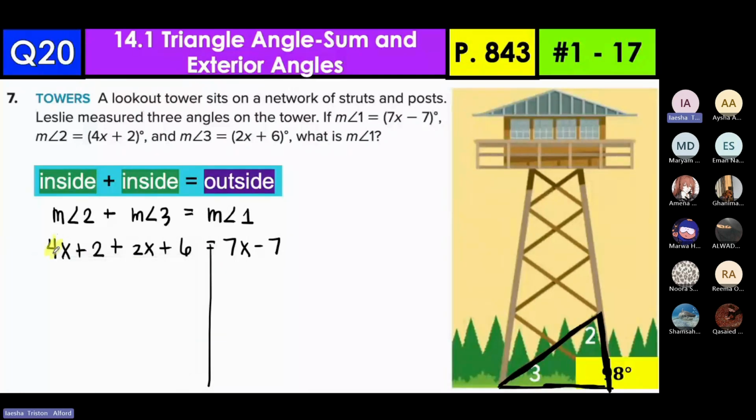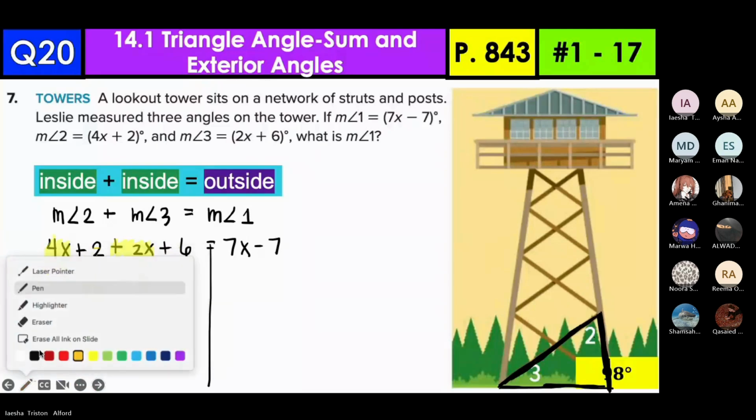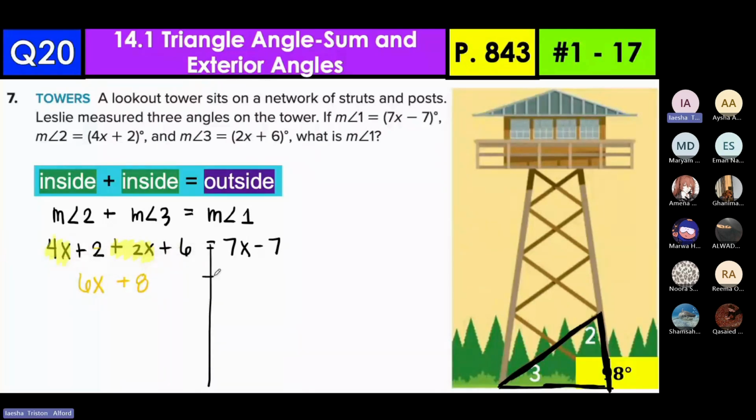So here, clean the numbers with x. 4x plus 2x gives you positive 6x. Clean the numbers without x. 2 plus 6, positive 8. Bring everything down.